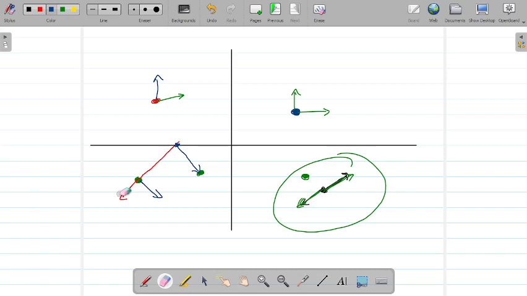So how many such possibilities are there? How many ways can you ask the robot to move? What I mean is, how many directions can you choose? We can have infinitely many.